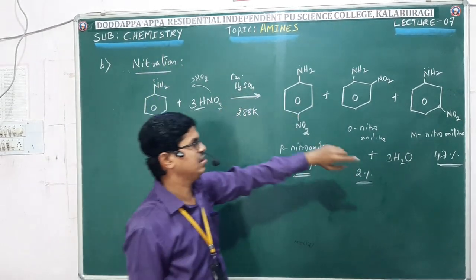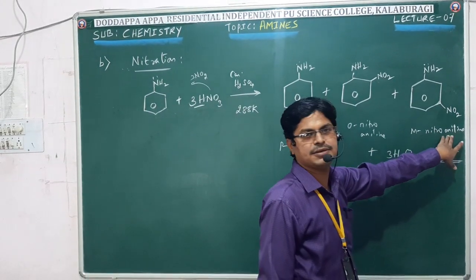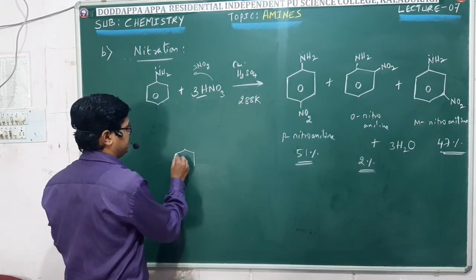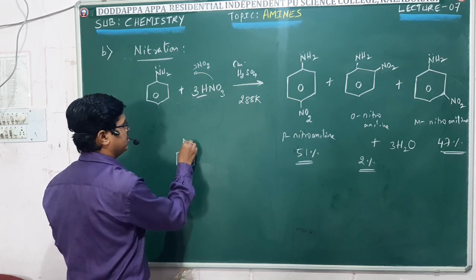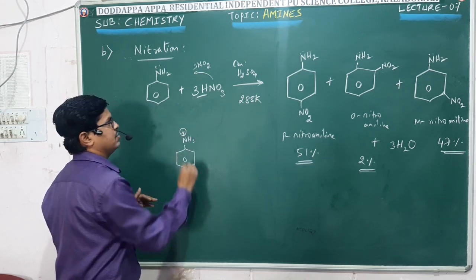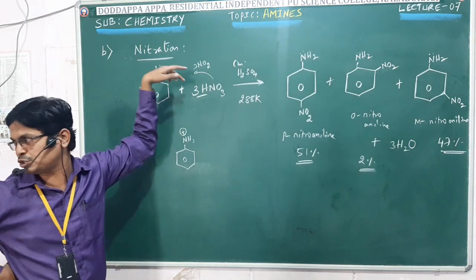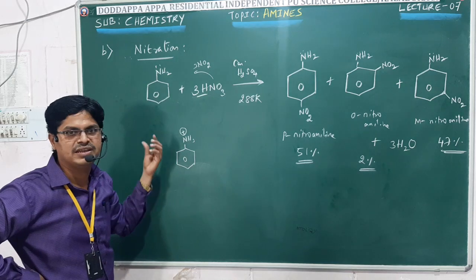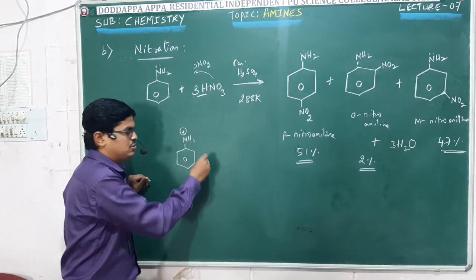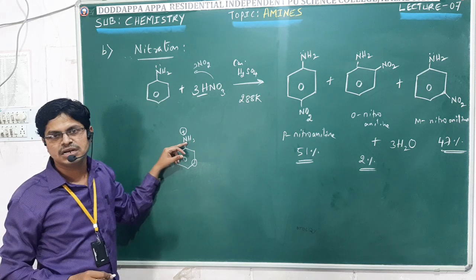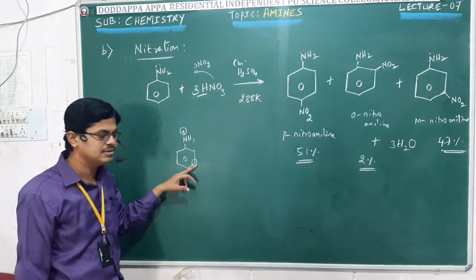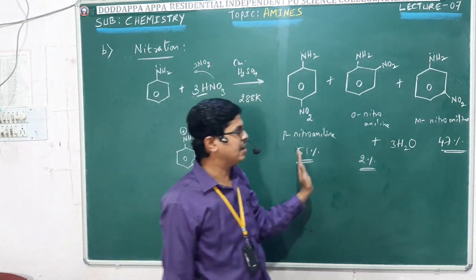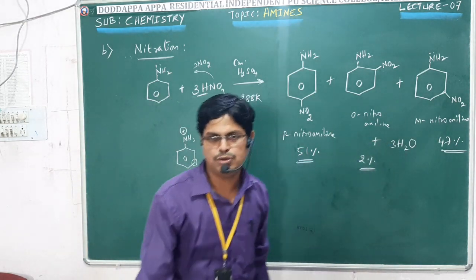But here we got 47% of metanitroaniline because the anilinium ion, when it undergoes nitration, directs towards the meta position. So apart from para and ortho, we are getting metanitroaniline.